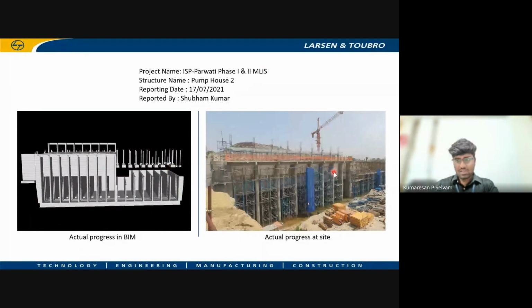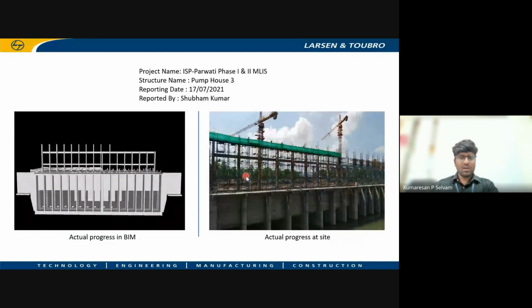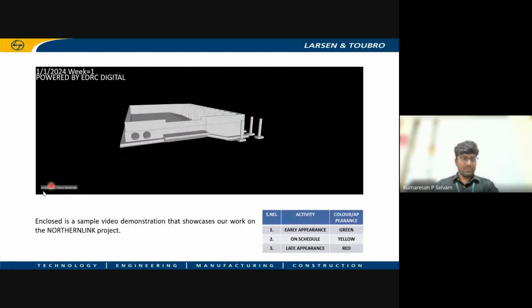And you can see how the site has developed to this date, and how much the model shows should be developed till this stage, and you can check whether all the activities are completed or not. Similarly, for another pump house, the same actual progress at site and actual progress in BIM. And this is a 4D model.